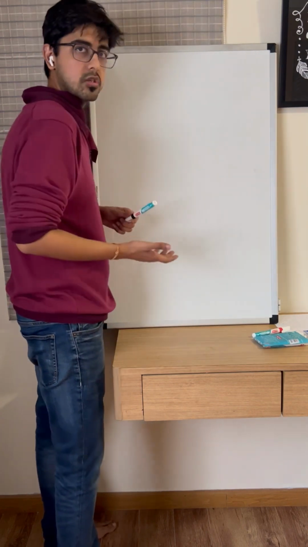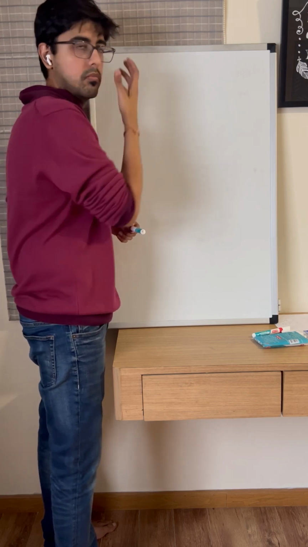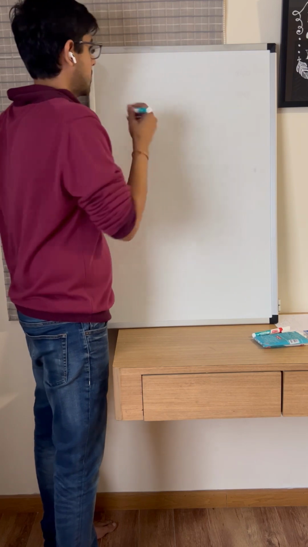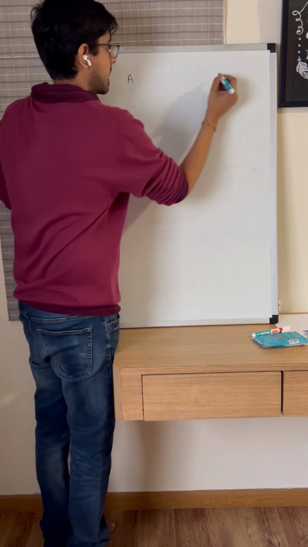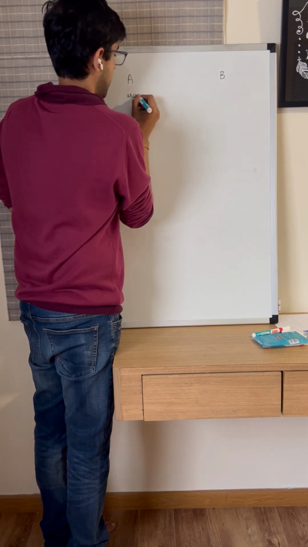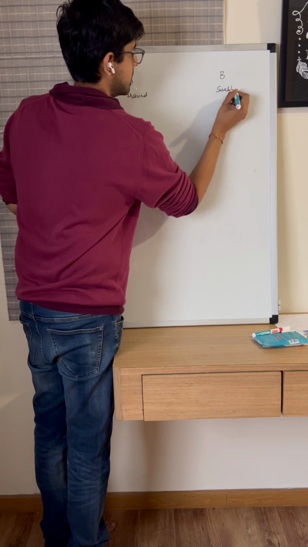How I'm going to approach this question is, I'm going to draw the same distance journeys before and after meeting. So before meeting, the graph looked something like this. This is where Arvind started. This is where Surabhi started.